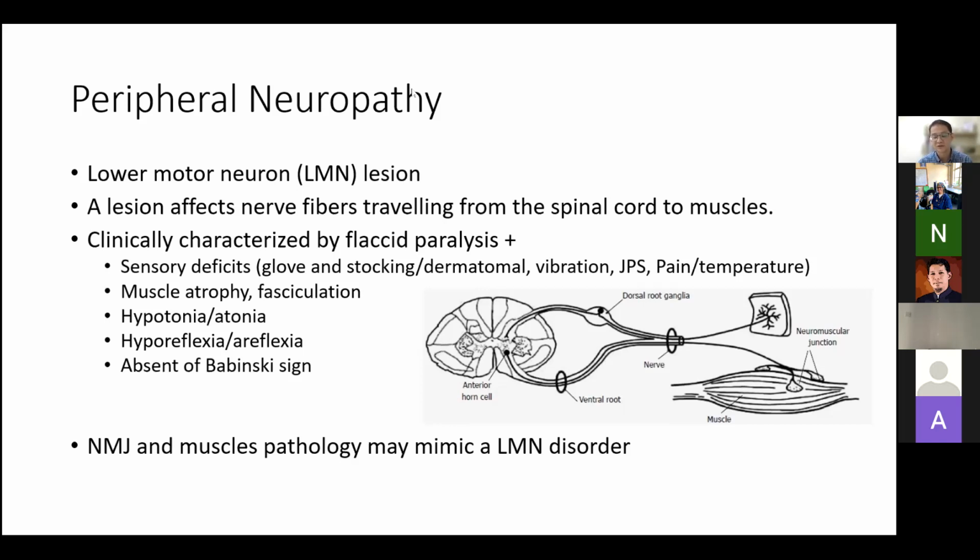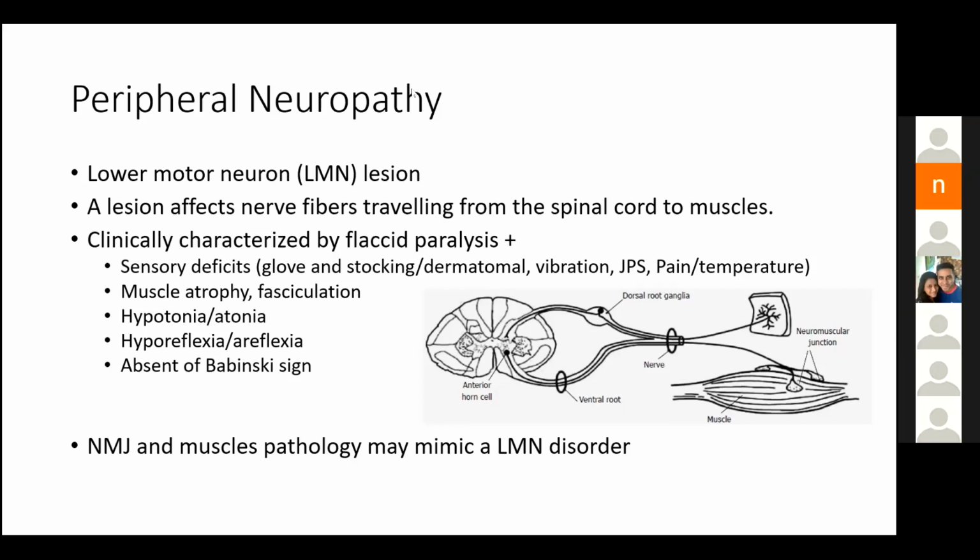Some of them do come with positive symptoms, which are pain and temperature derangement. You see muscle atrophy if the peripheral neuropathy has been there for some time. And you see fasciculation if it is a motor-predominant axonal loss form of neuropathy.